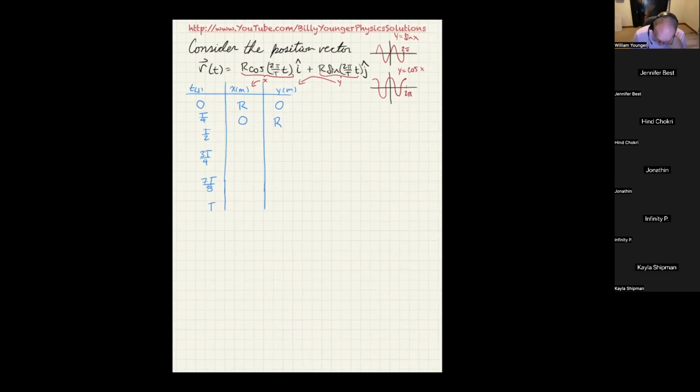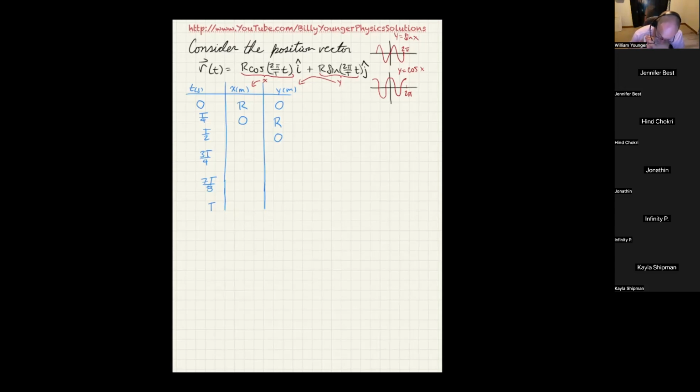I'll give you a hint. For T over 2, this part's 0. T over 2 is going to basically turn out to be the trig function operating on pi, just plain pi.